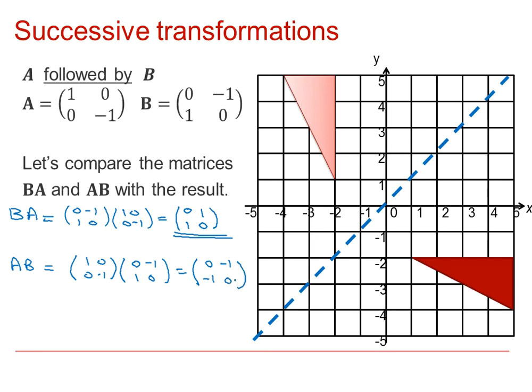And that matrix, as you may remember, represents reflection in the line y equals minus x. So it's very important that we get the successive transformations in their appropriate order. So the order we wanted, A followed by B, is indeed this first case here. B times A would represent applying matrix A followed by matrix B.